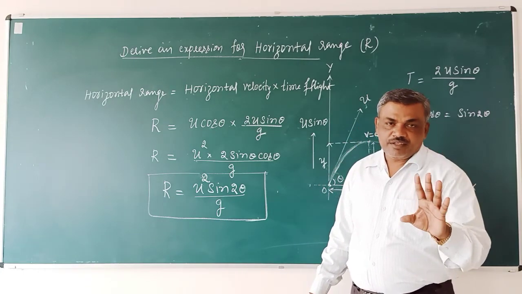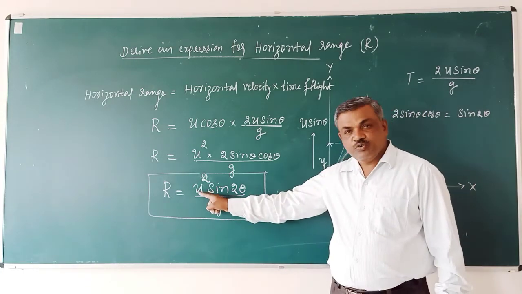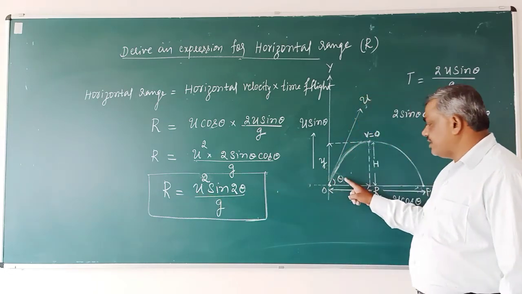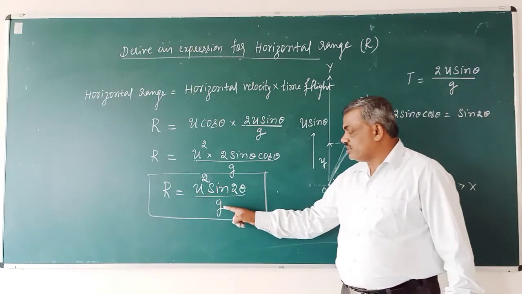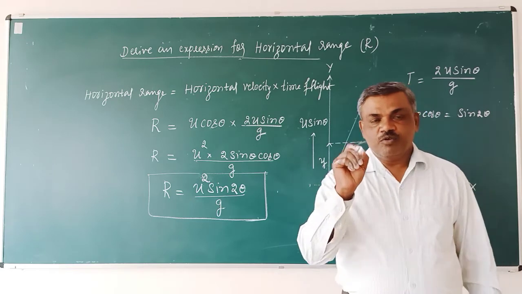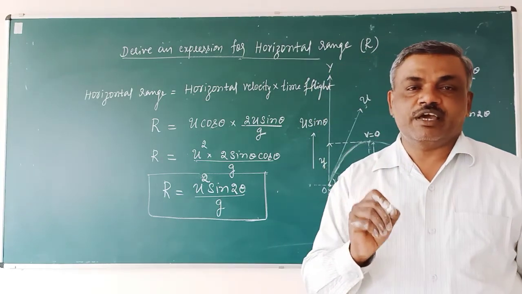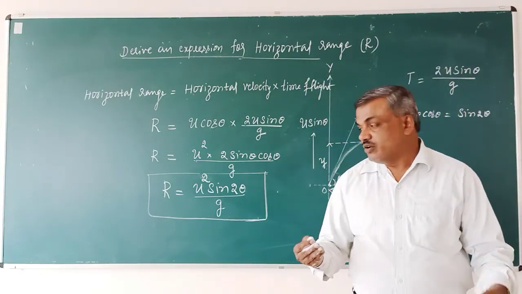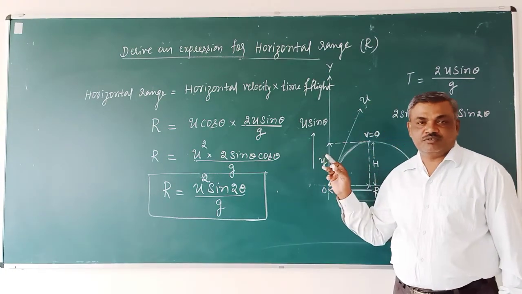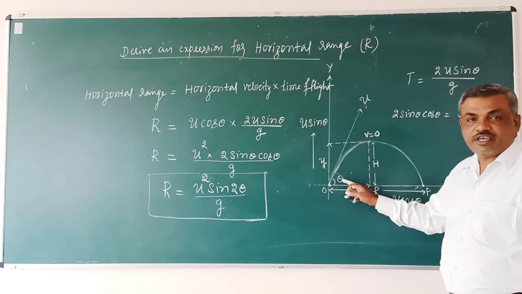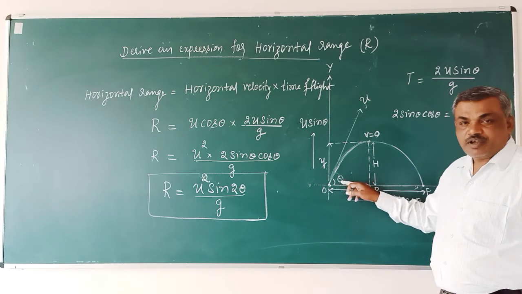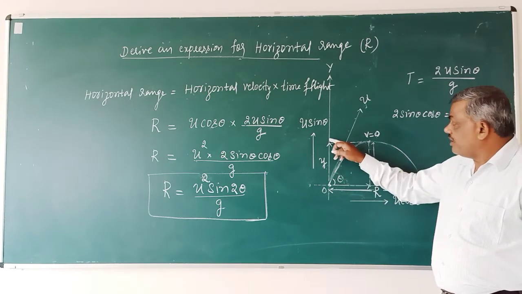How to calculate the range: given the u value, the angle of projection theta, and g, the acceleration due to gravity. And one more general question, students: at what angle do we get maximum range? Different angles are there, maybe 30 degree, 40 degree, 60 degree, 90 degree.